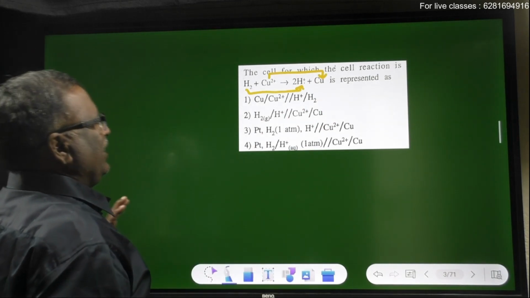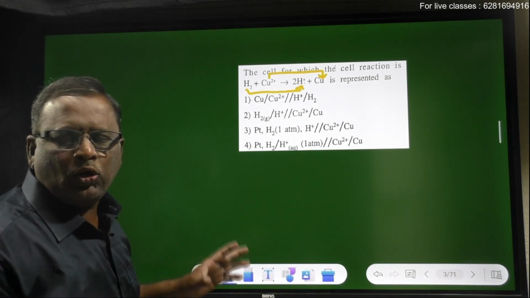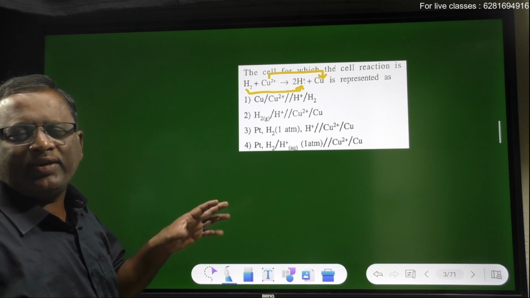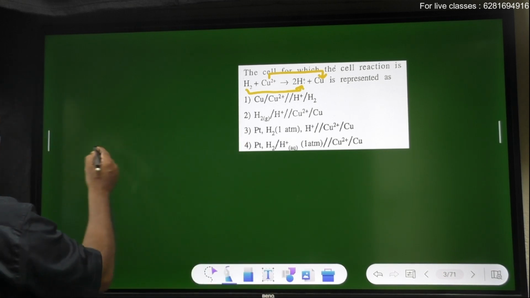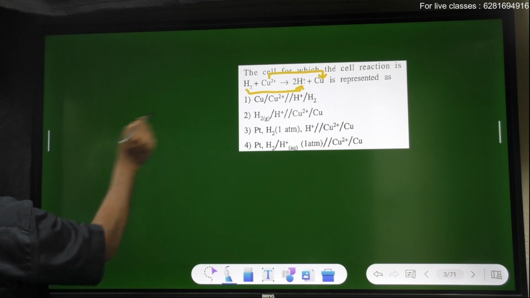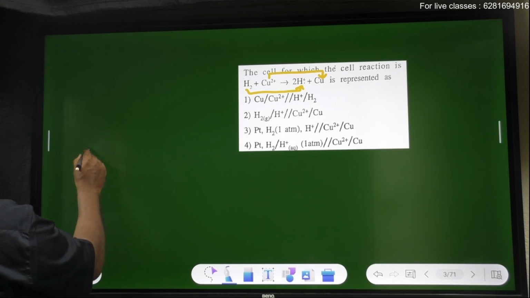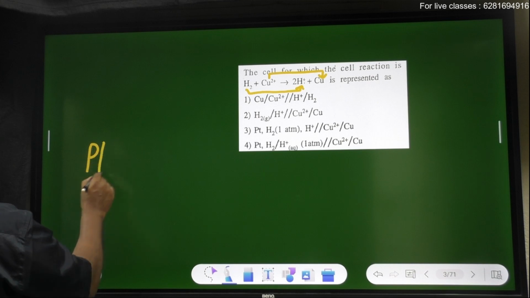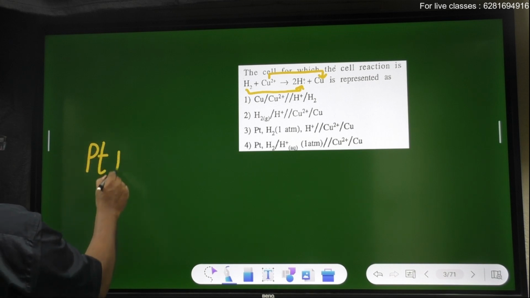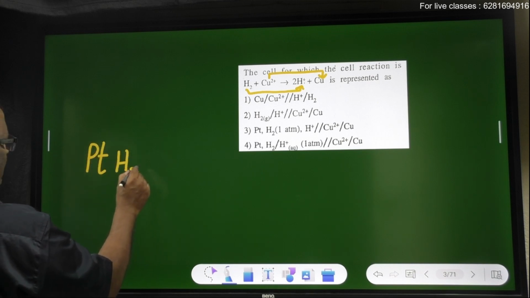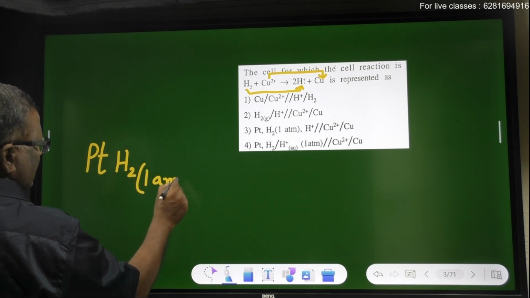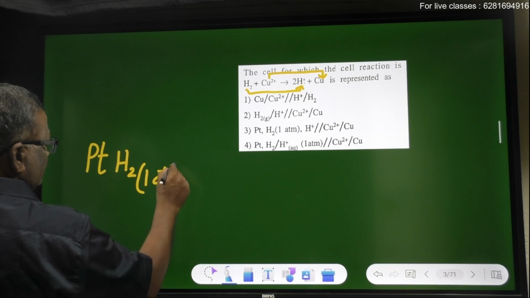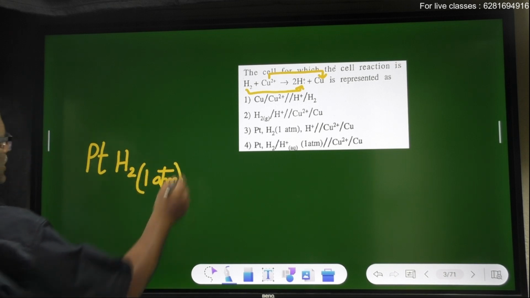That means hydrogen acts as the anode and the copper electrode acts as the cathode. So the anode reaction can be represented like this. Since it is a gas, we take a platinum rod with hydrogen gas atmosphere. We also have to mention the pressure, that is 1 atmosphere.